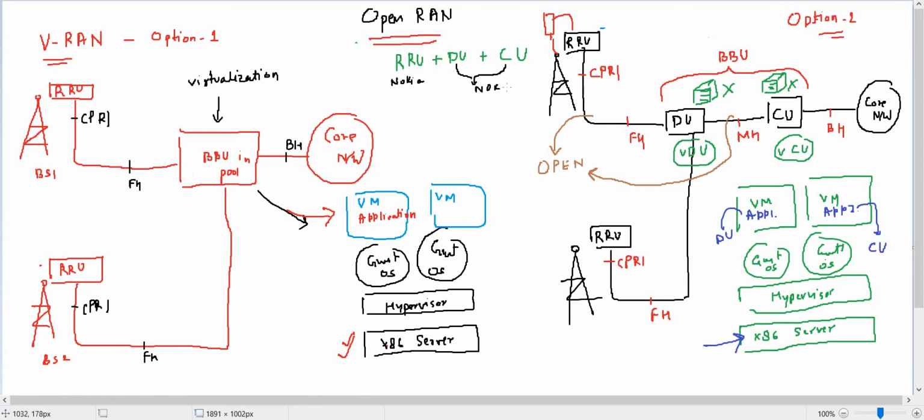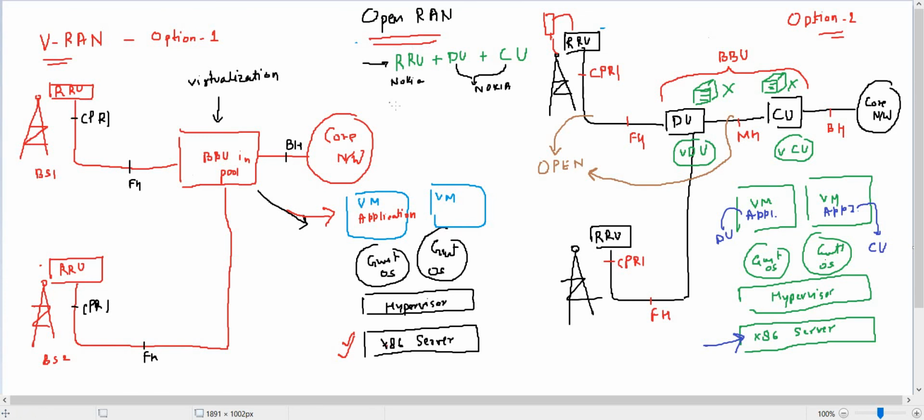You cannot buy DU and CU from Ericsson if you are using the RRU of Nokia. The operator has to buy all three hardwares from the same vendor. Now with the introduction of Open RAN, the operator has the flexibility to merge hardware from different vendors.